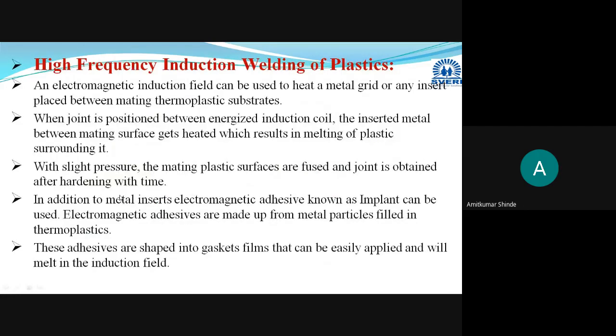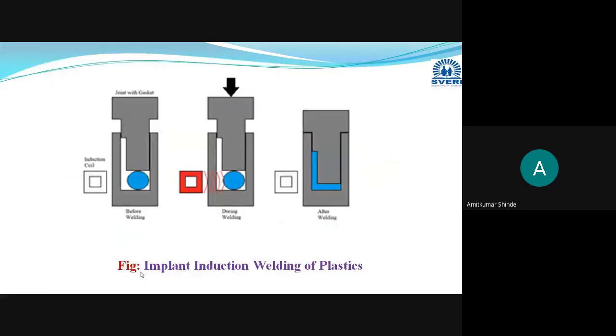Instead of using the metal insert, an electromagnetic adhesive material known as an implant is used here. In this adhesive we are going to shape it into a gasket film, and that can be easily applied and will melt in the induction field, and that is explained in this diagram here.